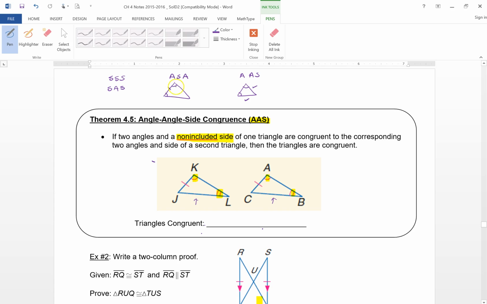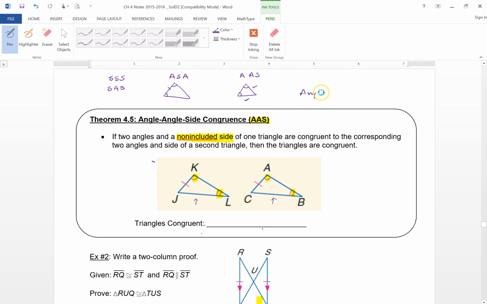If you have two angles, okay, no matter what side you have with the two angles, you can prove that the triangles are congruent. Okay? So any two angles and one side is enough to prove triangles congruent. Okay?